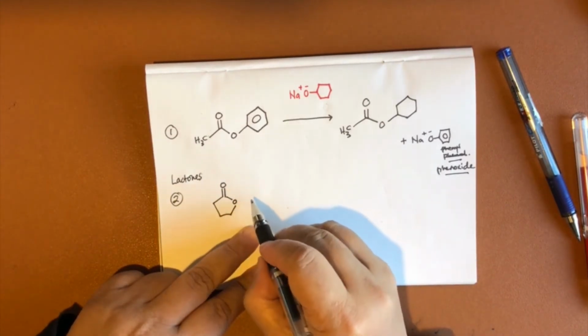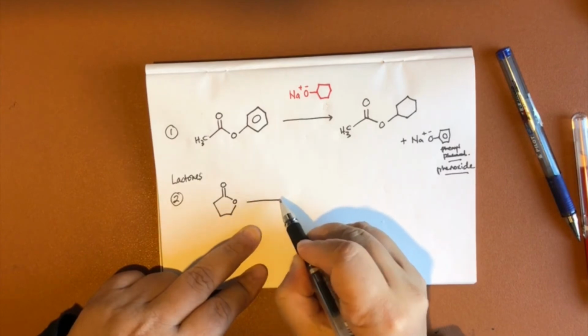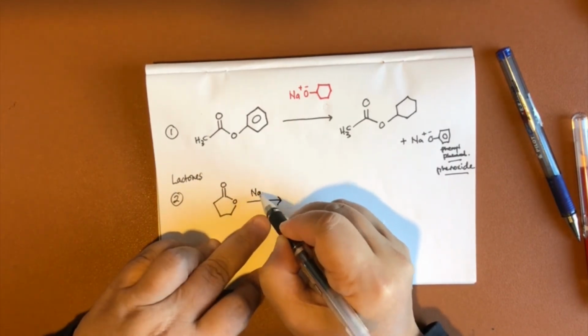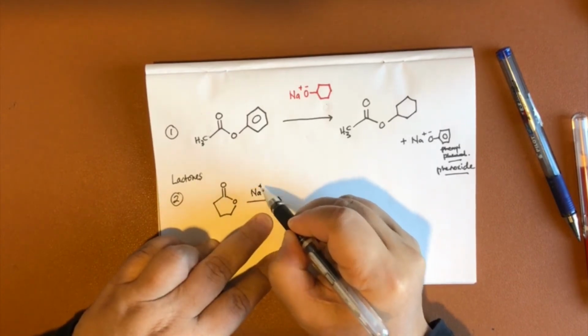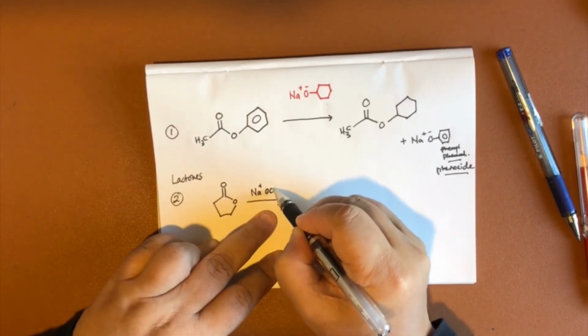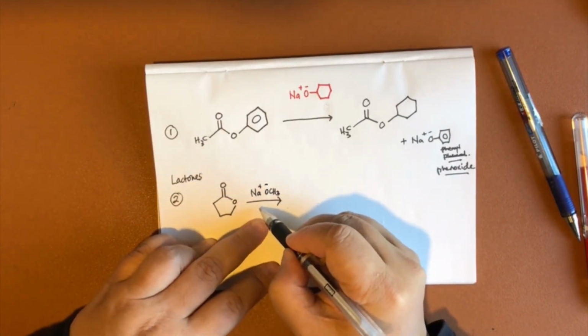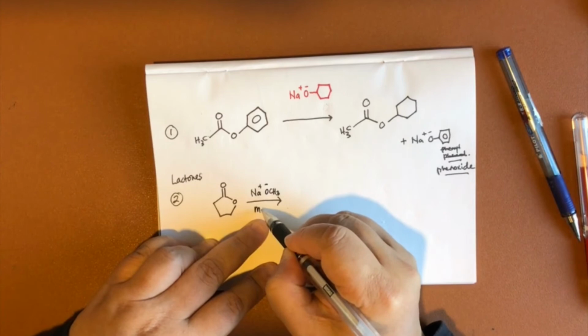And if we do a very simple transesterification, you have sodium plus, and then you have methoxide, okay, in methanol.